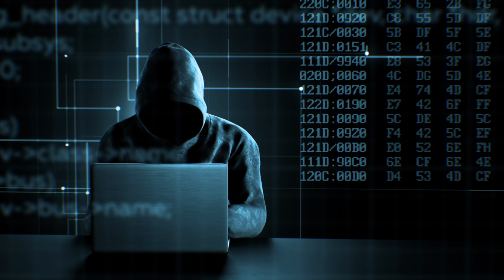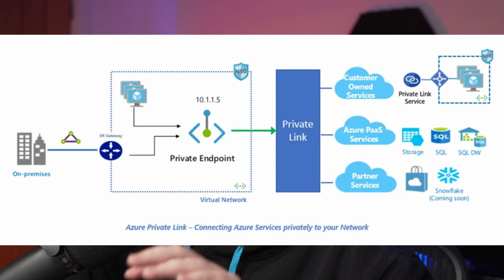So a common method which customers use is to lock down the resources using private endpoints. What a private endpoint actually does is make that resource only available to you on your internal network. So say, for example, I've got a website. By default, if I create a website and just use the default settings, that website is going to be accessible by everybody in the world.